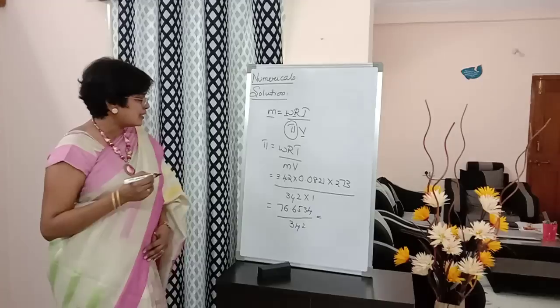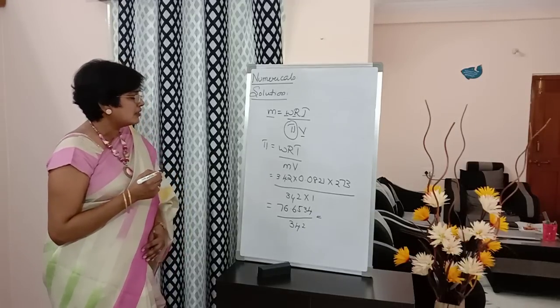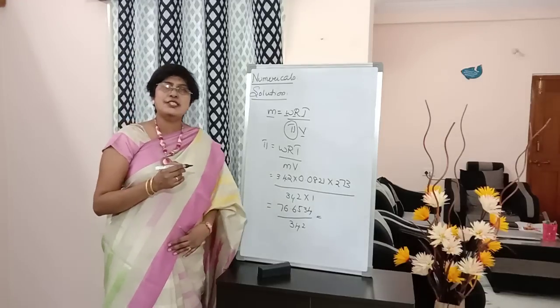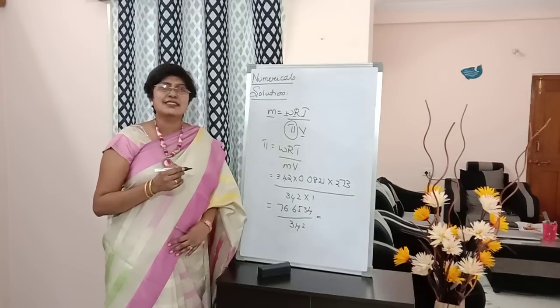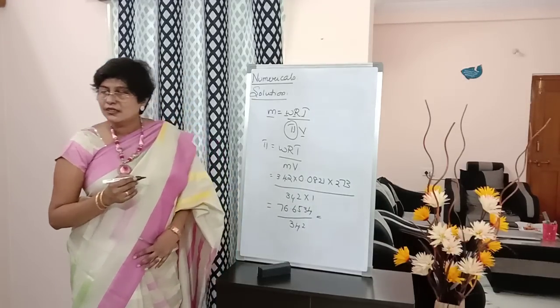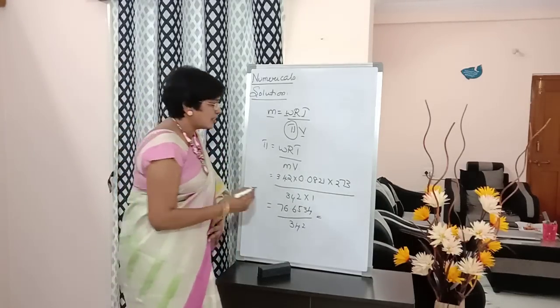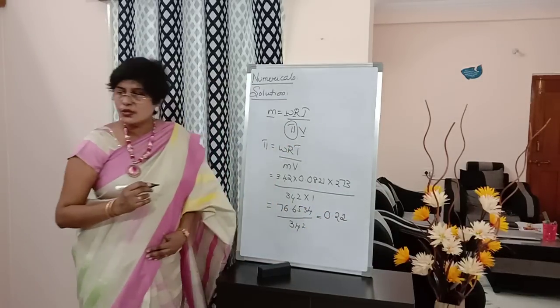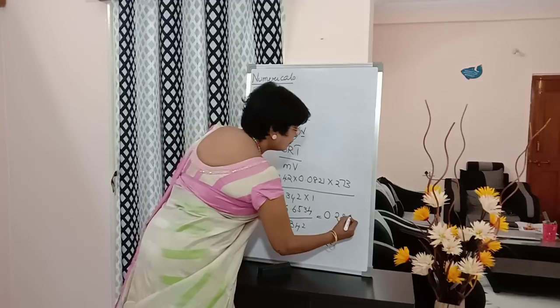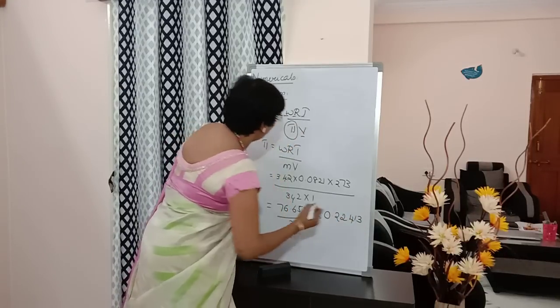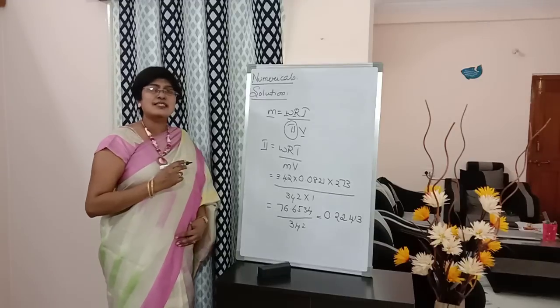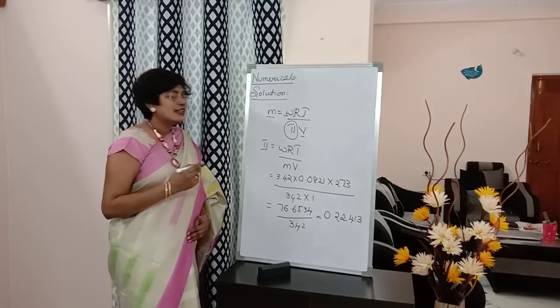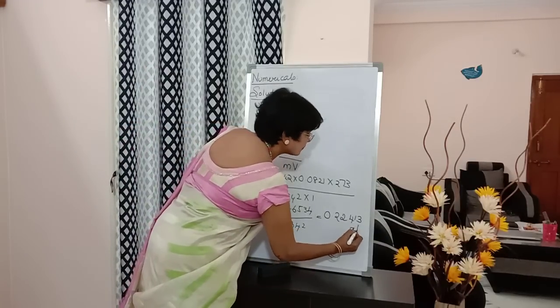Divide 76.6534 with 342. How much did you get? So I got it as 0.224113. Value of pi. What are the units of pi, students? Atmospheres.